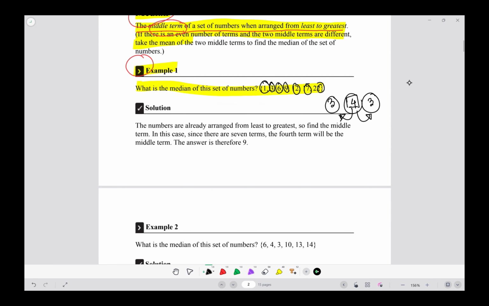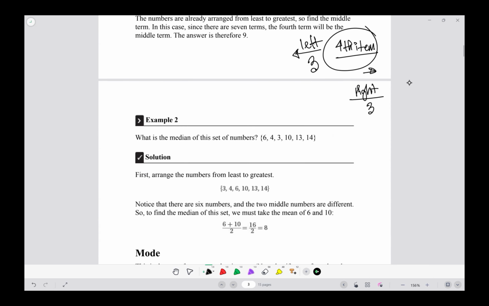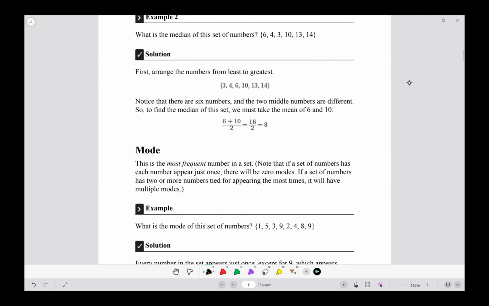So the fourth item is in the middle position, the middle term. To the left we have the same number of terms, 3, and to the right also 3. This is how the median is found.